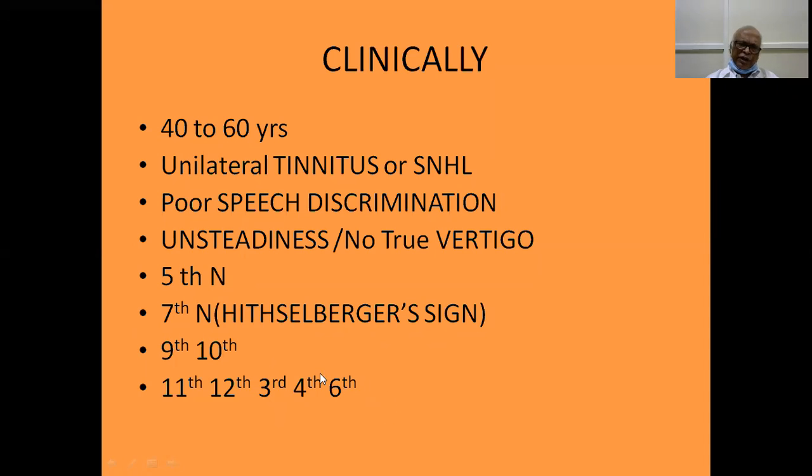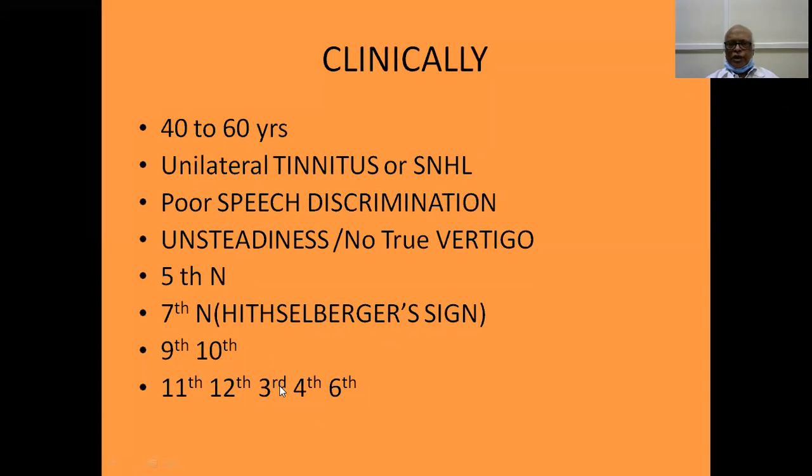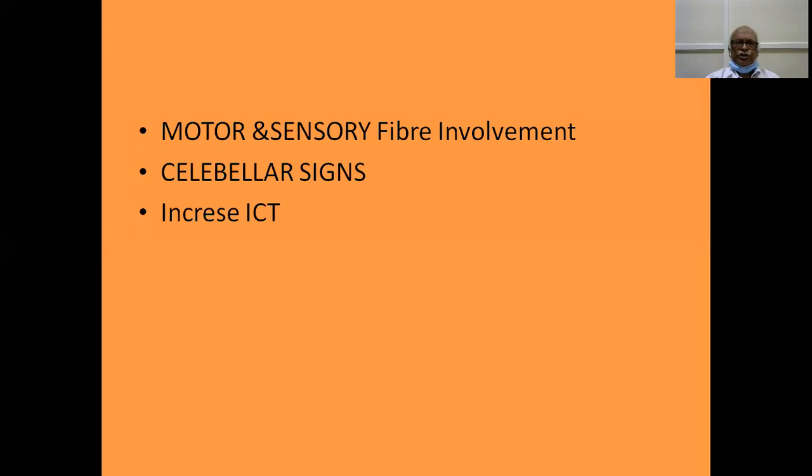If the tumor is very gross, then the 11th nerve, that is the accessory nerve, the 12th nerve, that is the hypoglossal nerve, producing paralysis of the muscles of the tongue, and also the 3rd, 4th, 6th nerves, that is the extraocular muscles of the eye. So all these nerves may be involved in the late, advanced stage.